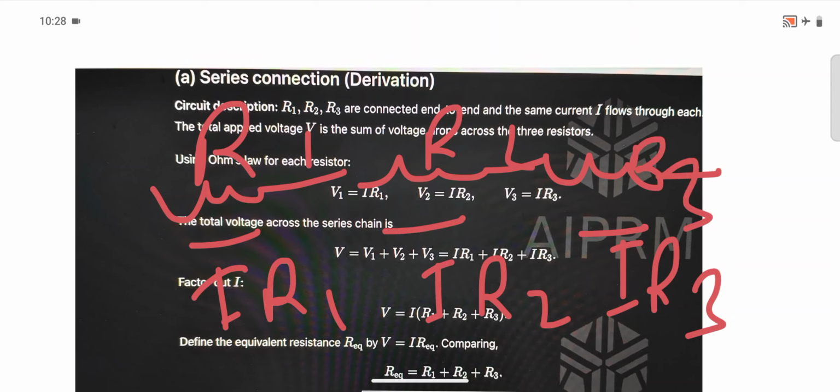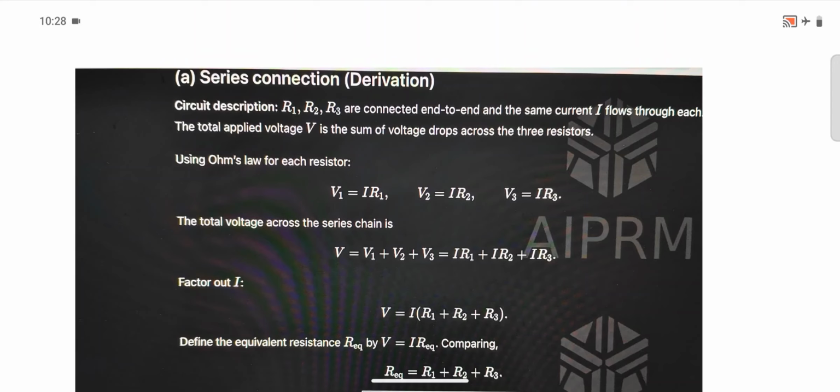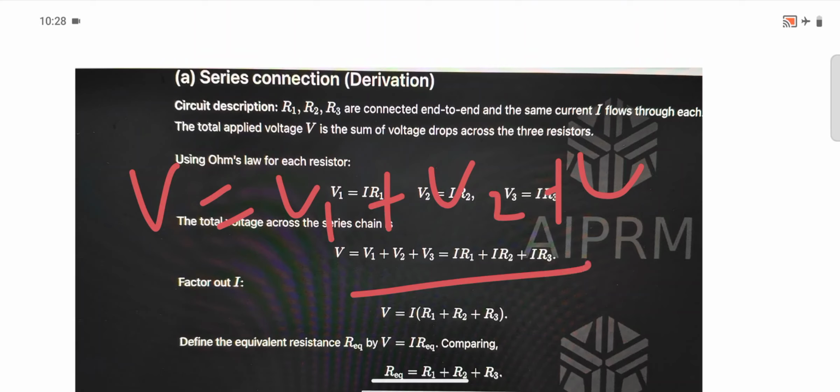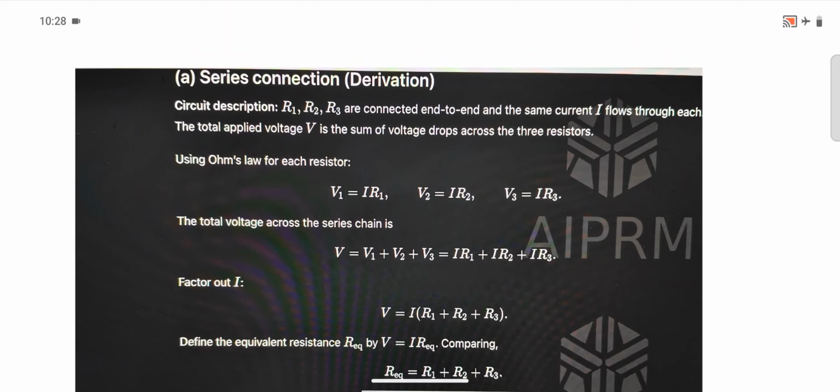So, total potential difference we can write V is equal to V1 plus V2 plus V3, that is IR1 plus IR2 plus IR3. Now, we can take I common, then potential difference is equal to I bracket R1 plus R2 plus R3.